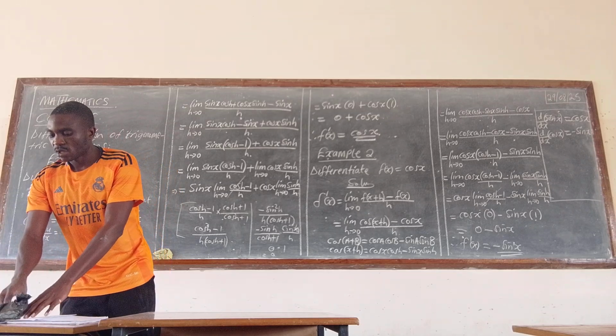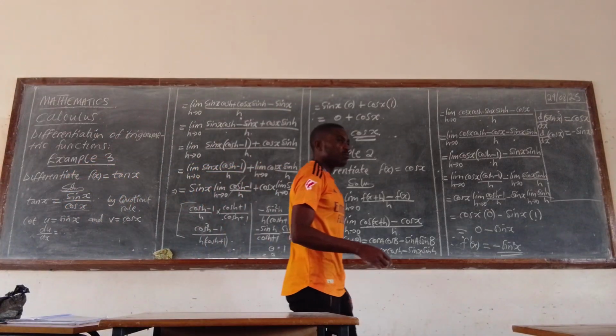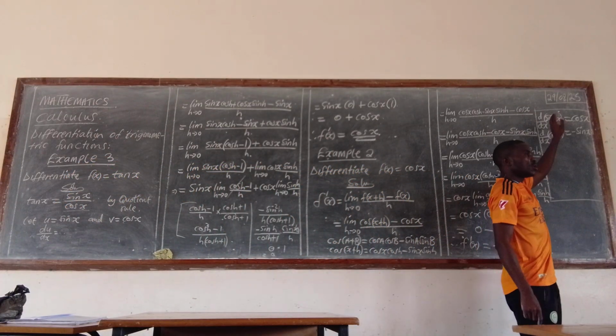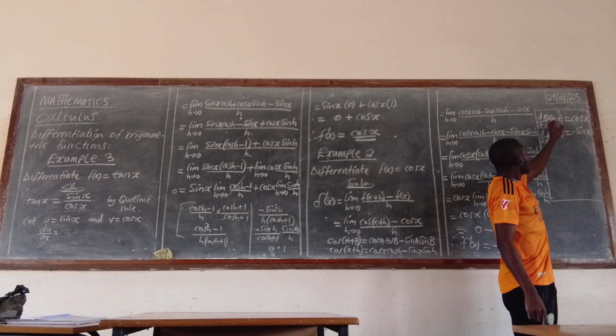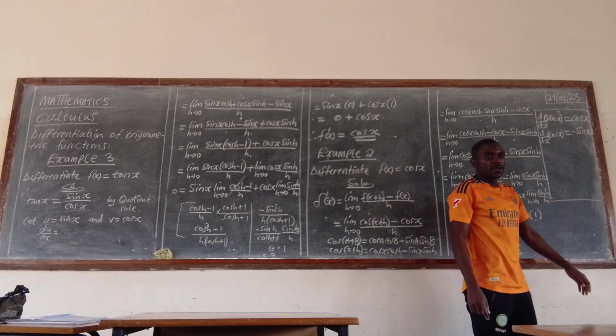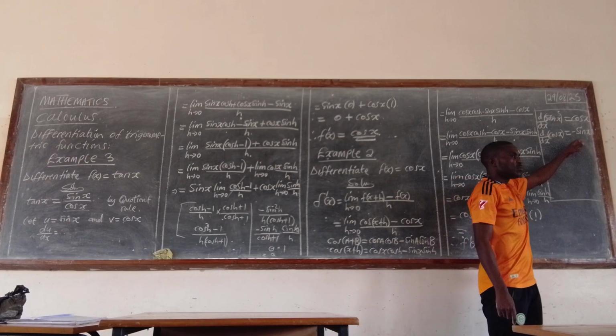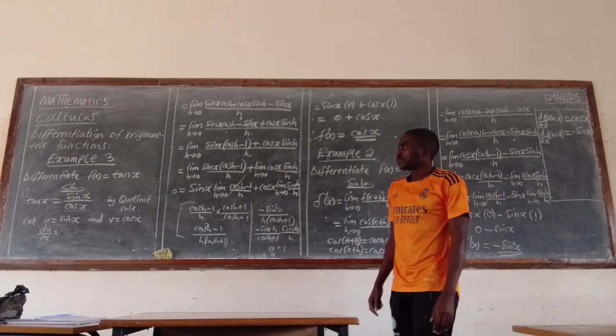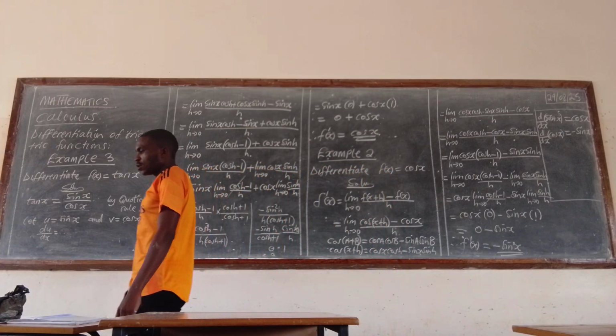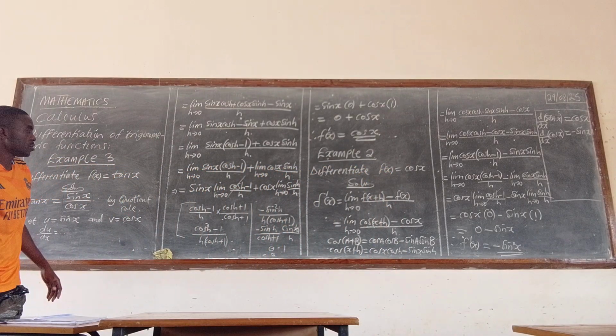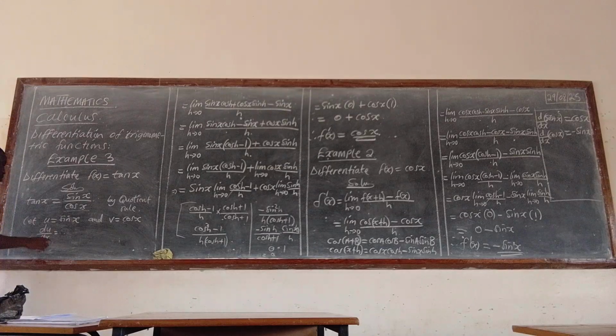So we worked them out already. By now we should be able to say the derivative of sine x is simply cos x. The derivative of cos x is simply the negative of sine x. So this is the knowledge we're going to use here in order to simplify things. So the derivative of u with respect to x, du dx, is simply cos x.